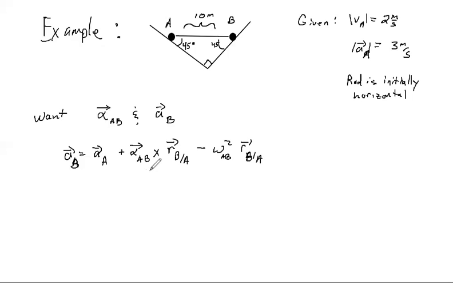Okay, so let's go through a checklist here. What are the things that we have or could easily get? Well, the rod is initially horizontal, even though my diagram's a little bit skewed.